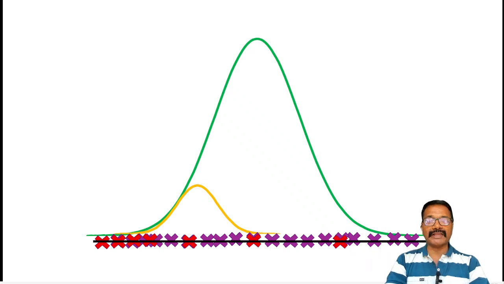So I want to increase the standard deviation at the initial stage. I have to subtract one from the denominator so that at the initial stage the standard deviation increases. And as I increase the number of samples, the standard deviation will match. So that particular fraction will be equivalent to the population standard deviation.